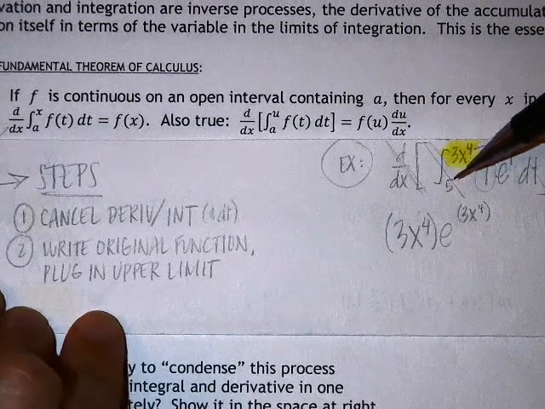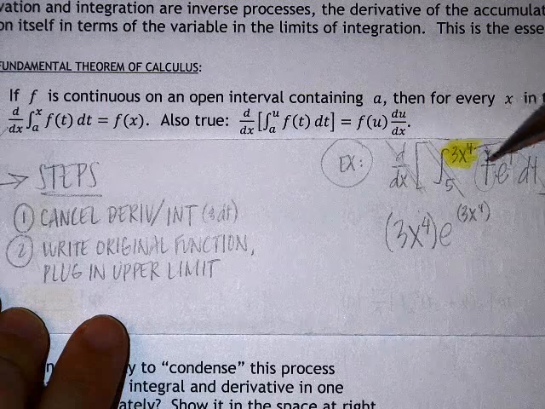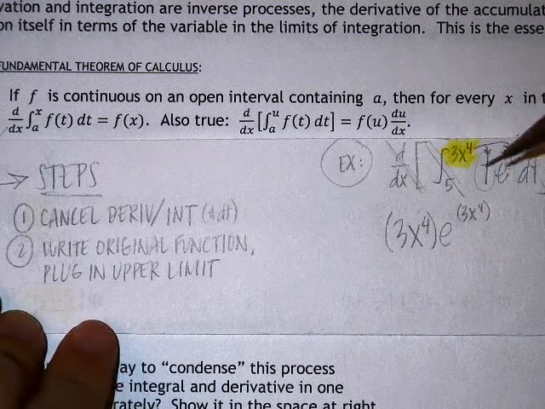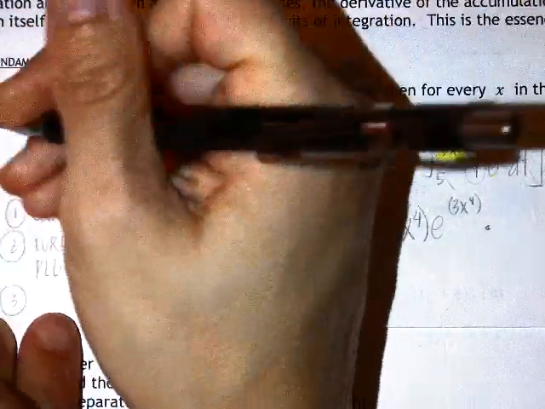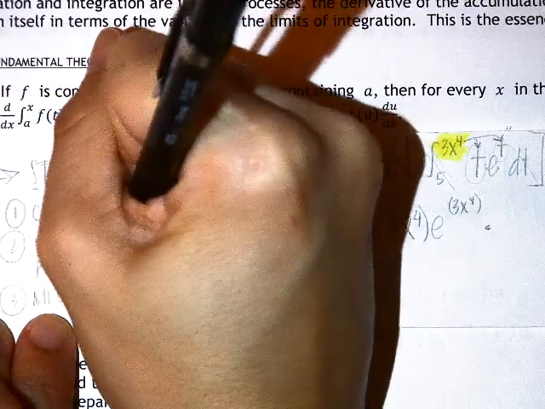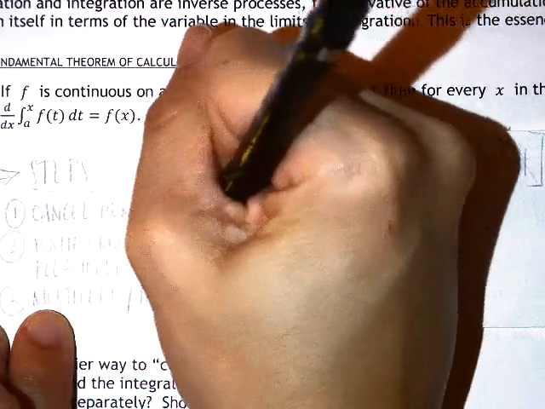But then I remember, oh crap, hold on. I was doing a derivative. I still have to account for the chain rule. 3x to the 4th does have its own derivative, so I technically still have to multiply. So this is my third and final step. Multiply by the derivative of the upper limit.